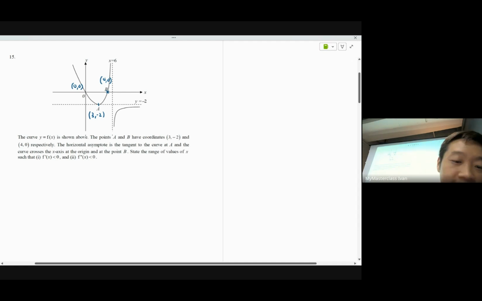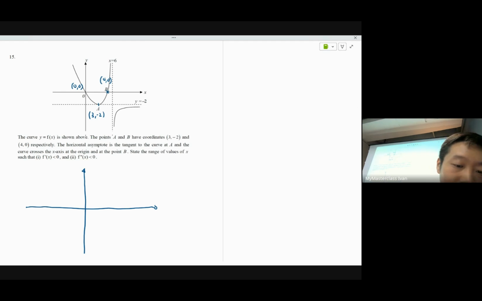Okay, first thing, do what? Josh, tell me. So what are the two x-intercepts? Very good. So just mark, don't mark cross, just mark something like this here and here.